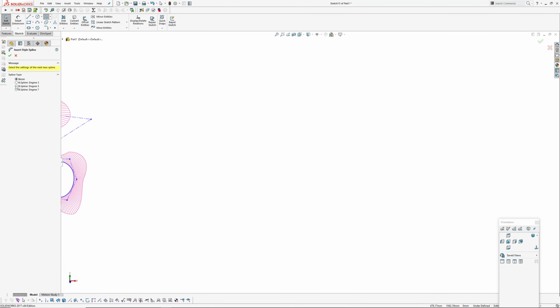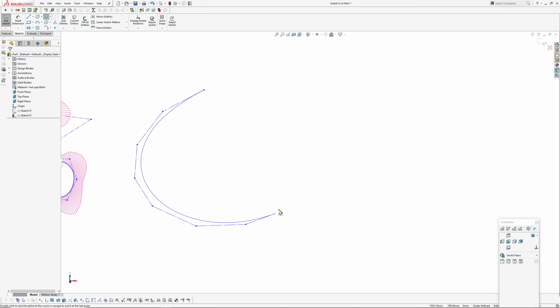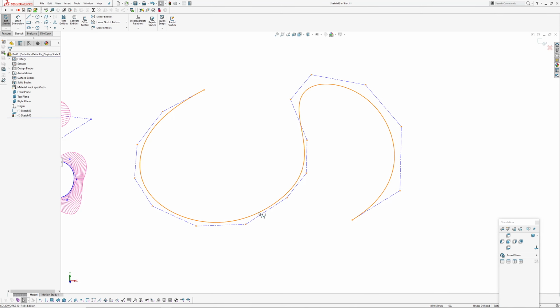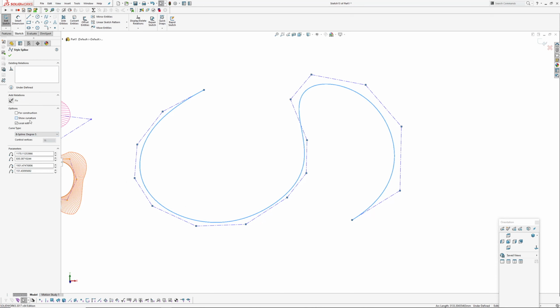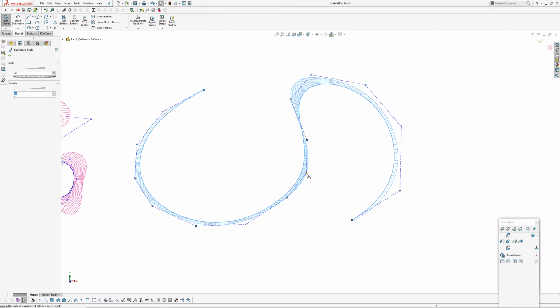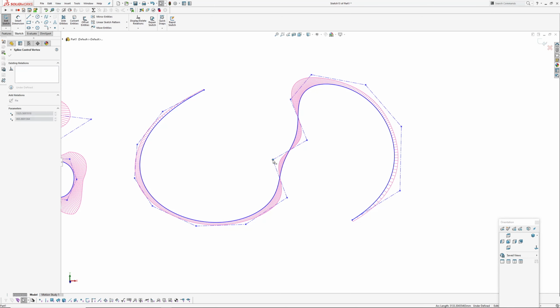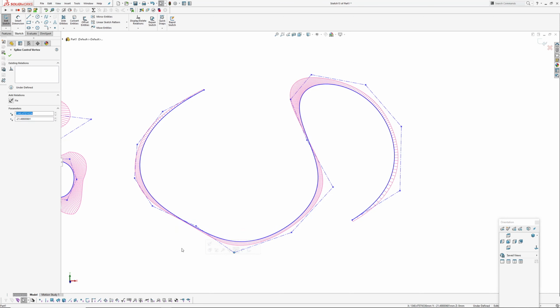Okay, so if you want to create a B-spline degree 5 with multiple points, you will notice, if we turn the curvature graph on, the graph's much smoother. That's because the internal continuity is the degree of the multi-span curve minus 1.